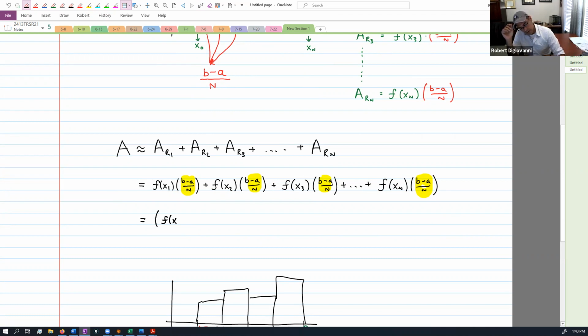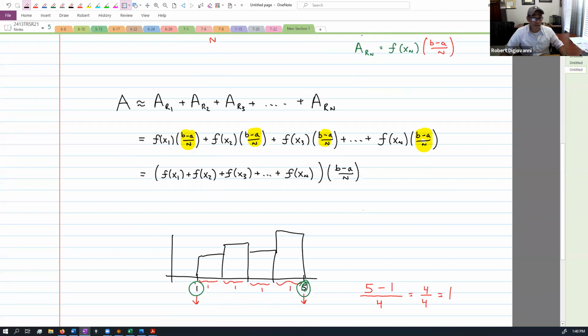F of x sub 1 plus f of x sub 2 plus f of x sub 3 plus dot, dot, dot, until I get to f of x sub n. I could figure out what all of those added together are and then multiply that times b minus a over n. Still make sense? What the area is approximately equal to?